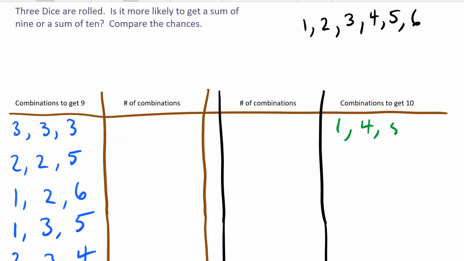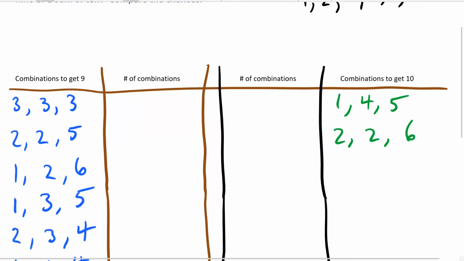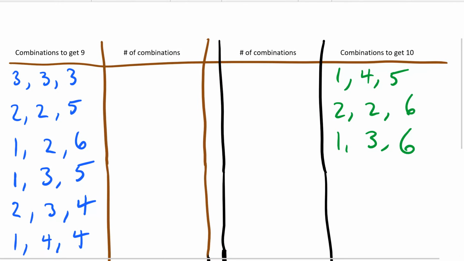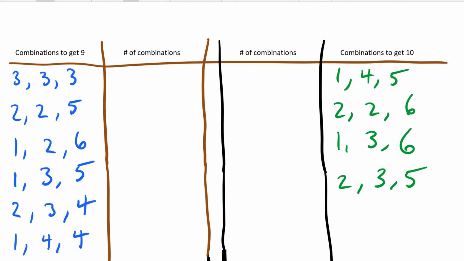So 1 is 1, 4, 5. Another is 2, 2, 6. You could also get 1, 3, 6. 2, 3, 5. 2, 4, 4.